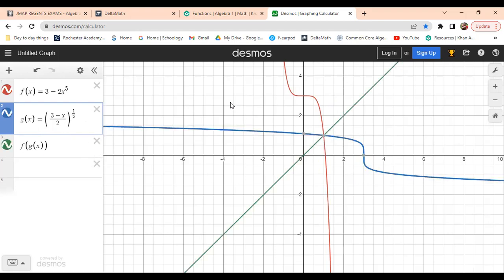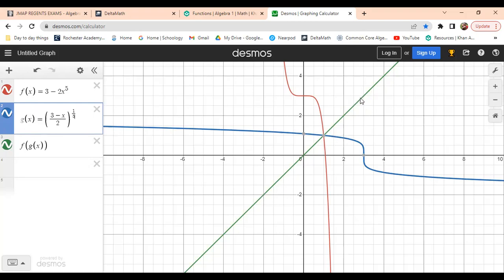All right, so now, if you look at these two functions, the red one here, the blue one here, but most importantly, when I take the inverse and input it into f of x, I get the green y equals x. You can see that this is y equals x. It's going through the origin, the point 2,2, the point 4,4, and -2,-2.